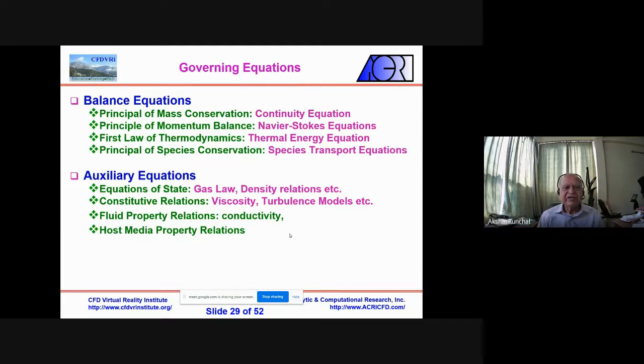The governing equations of fluid dynamics are of two kinds. One is called the balance equations. These are the principle of mass conservation, like the continuity equation, or the principle of momentum balance that leads to the Navier-Stokes equations, the first law of thermodynamics that leads to the thermal energy equation, and the species conservation principle that leads to the species transport equations.